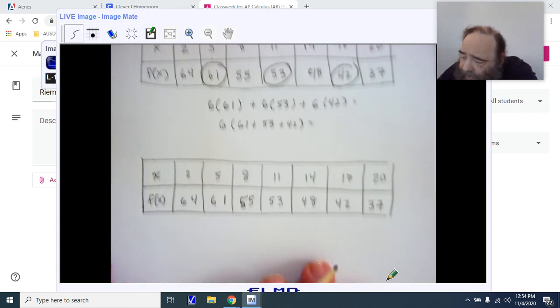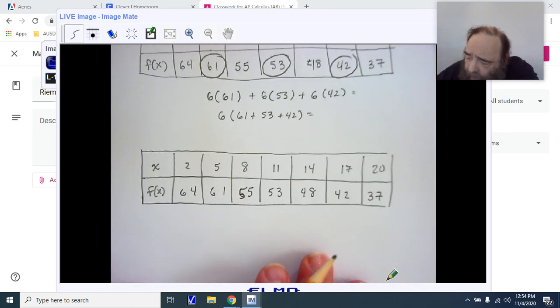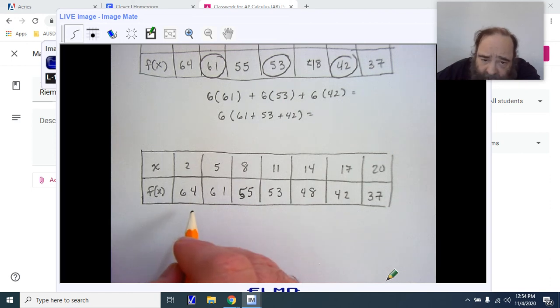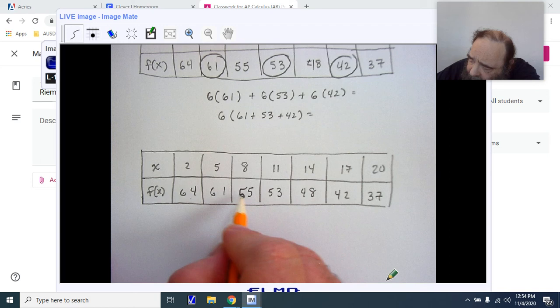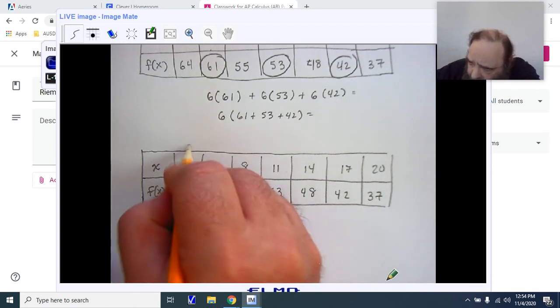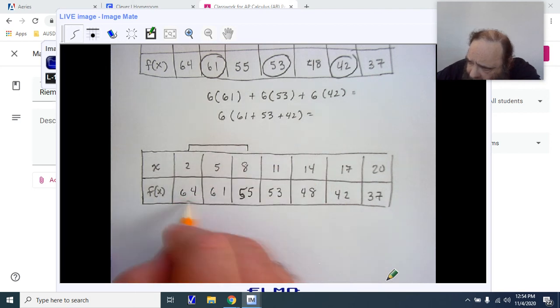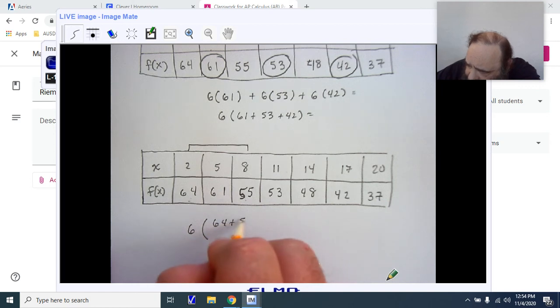When we're doing the trapezoid, it now works with the average of heights. So we're working with this 64 and 55 as a sum divided by 2. So we have our gap and the average of heights. 6 times 64 plus 55 divided by 2.